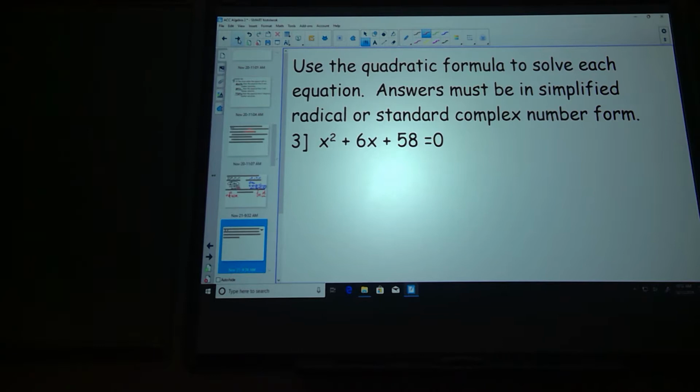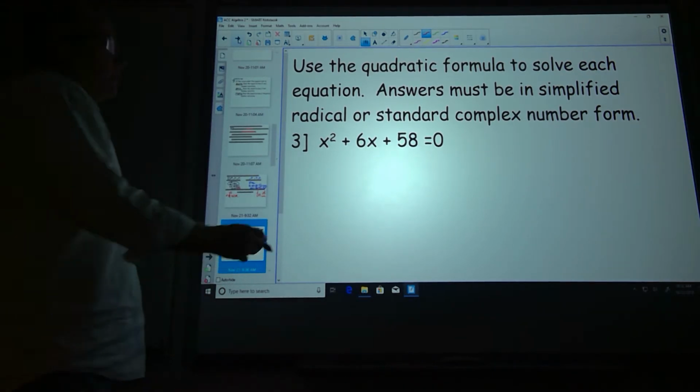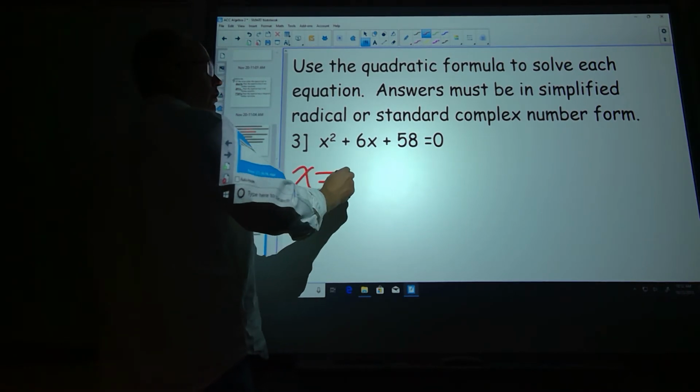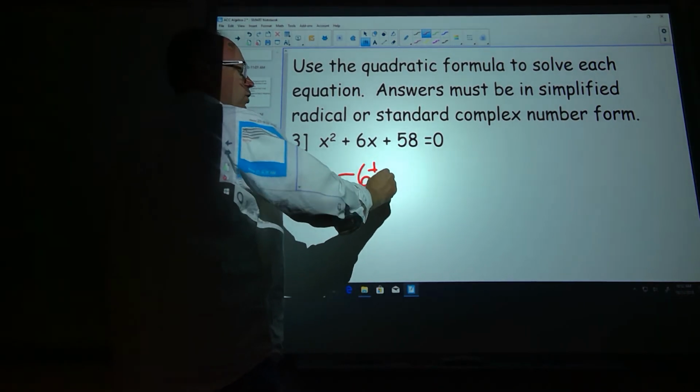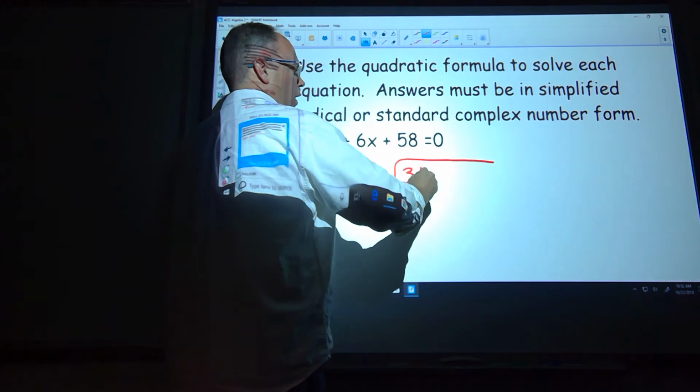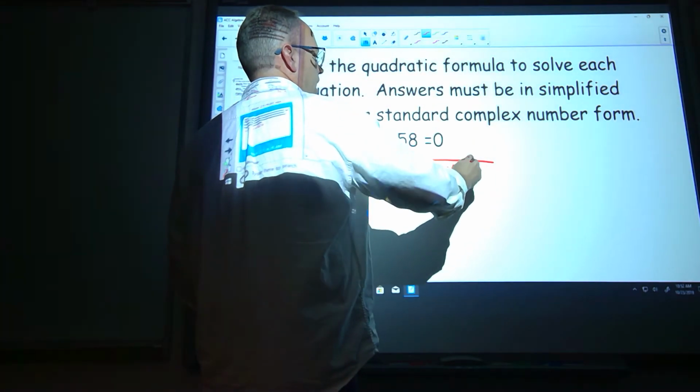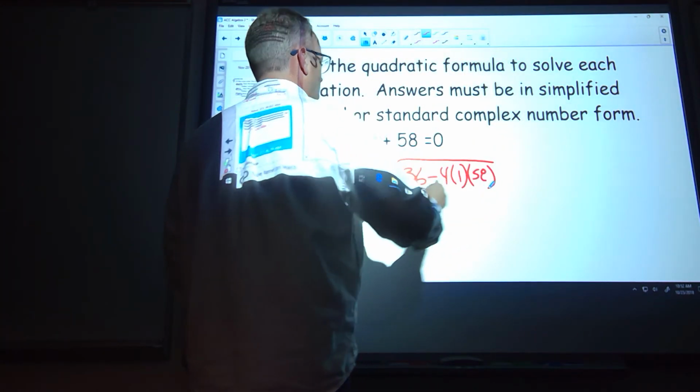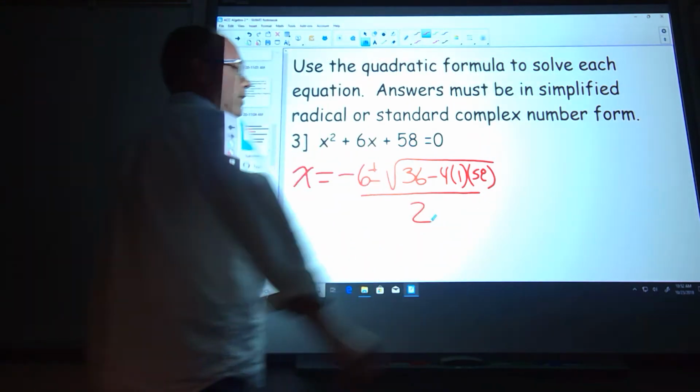14. All right. Use the quadratic formula to solve each equation. Answers must be simplified. So x is equal to negative b plus or minus the square root of b squared minus 4ac, all over 2a.